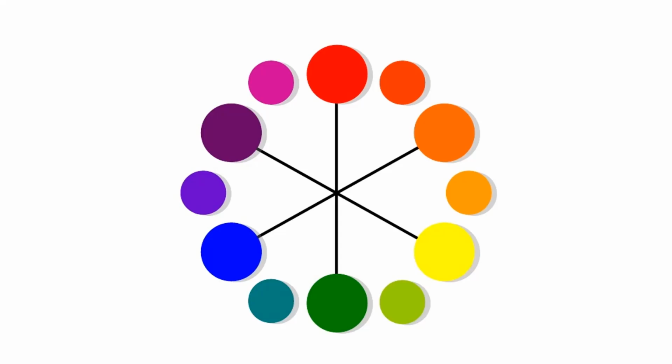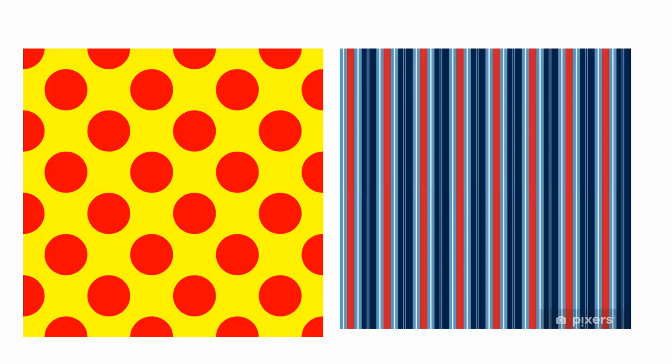When we take line, shape, and color, and we put them together in a repeating way, we create a pattern. If we take circles and we repeat a circle and a circle and a circle and a circle, all of a sudden we've created a polka dot pattern.